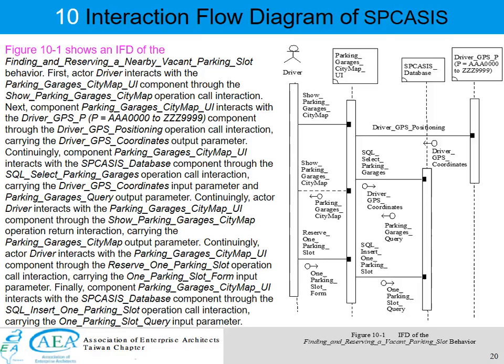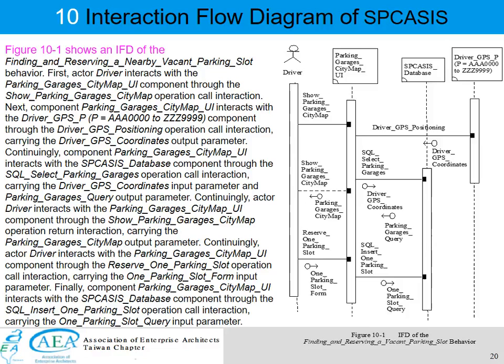The first one, the driver will use the UI component to view the parking garage city map. Then the second interaction will get the driver GPS coordinate data from the driver GPS.